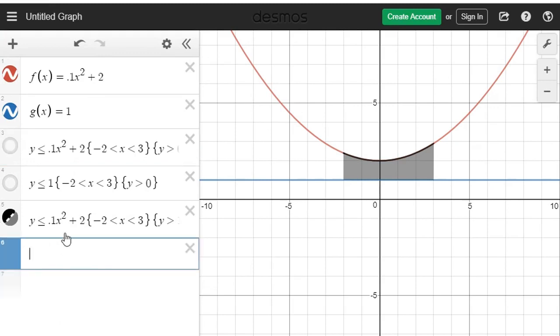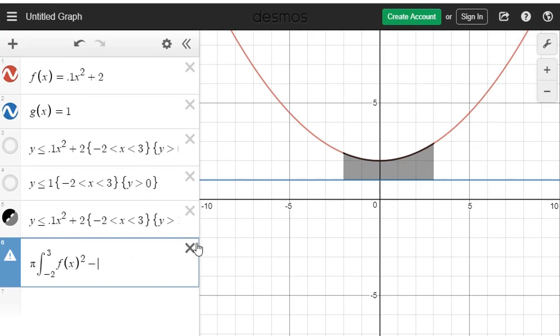And so if I want to find the volume, I would do the integral from -2 to 3 of my big radius, which is going to be f of x, because it's going from f of x down to 0.